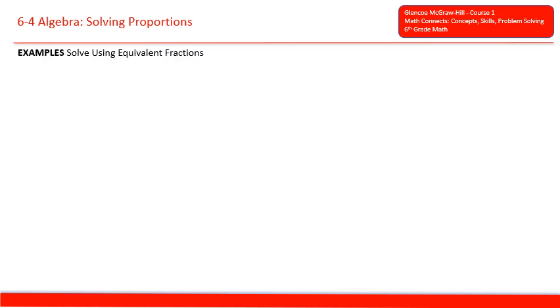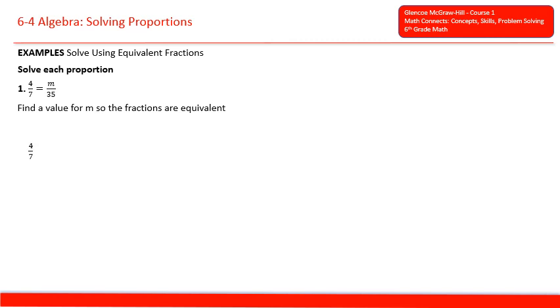Examples. Solve using equivalent fractions. Solve each proportion. Number 1. 4/7 equals m/35. Find a value for m so the fractions are equivalent. 4/7 and m/35. Since 7 times 5 equals 35, multiply the numerator and denominator by 5.